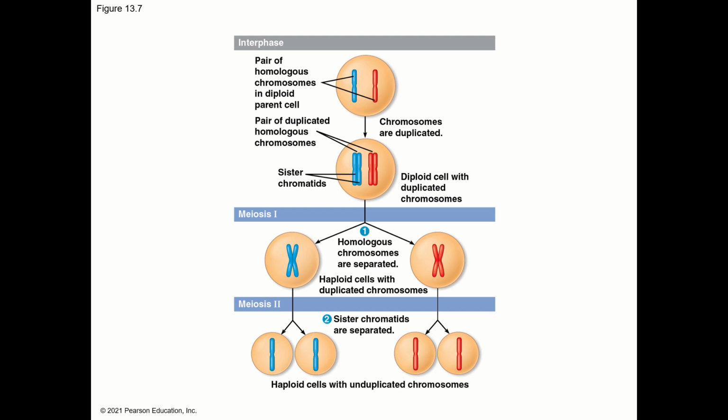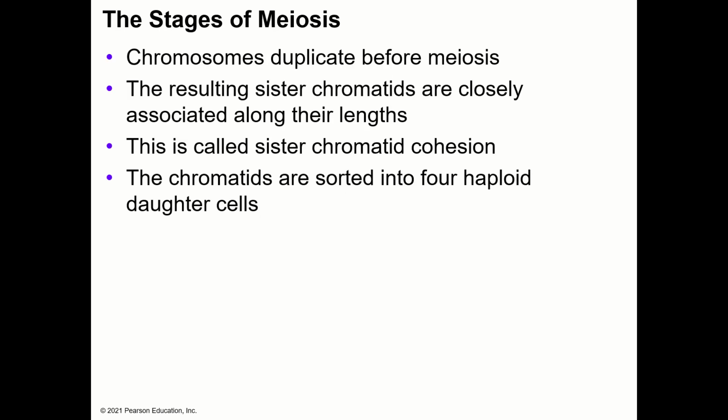The haploid cells with duplicated chromosomes then each have a set of chromosomes, and then each of those cells undergo Meiosis II, where sister chromatids are separated, forming haploid cells with unduplicated chromosomes. And here's how we go from one parent cell to 4 daughter cells, thanks to meiosis.